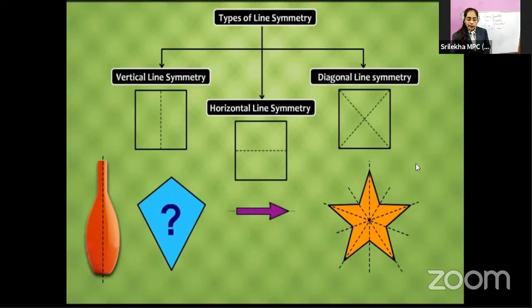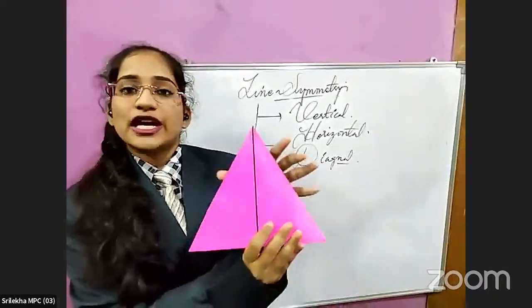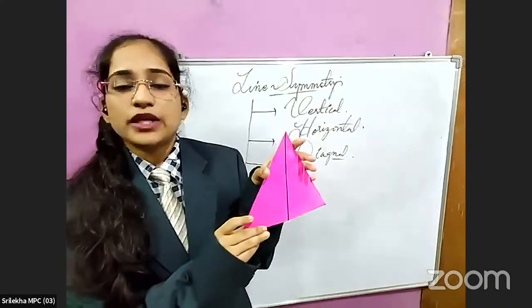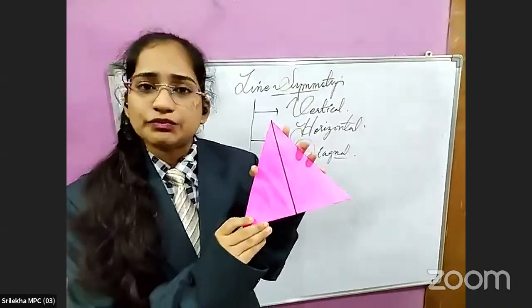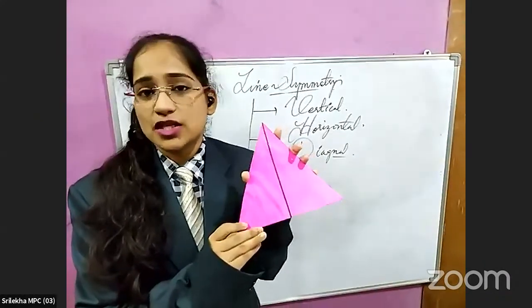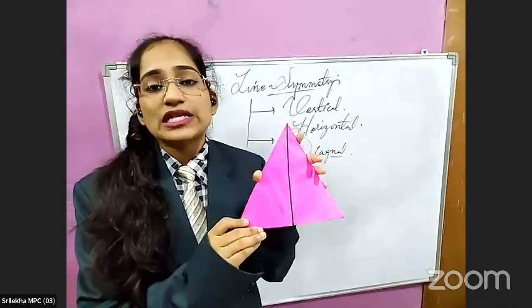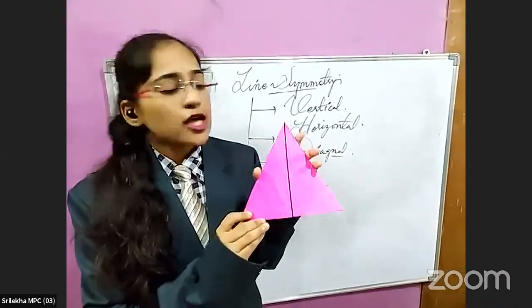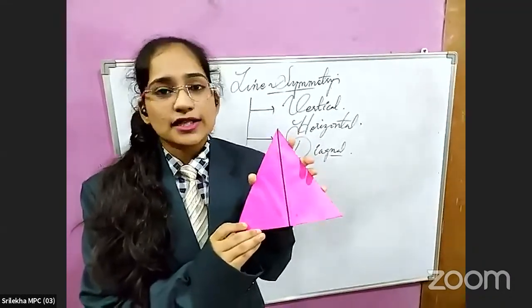And to explain in a more detailed way, I've got you some live examples, which is a triangle here. You can observe that the figure in the triangle has a vertical line. What does this vertical line represent? Yes, it is the line of symmetry. And this is an example of vertical line symmetry because there's a vertical line which divides this figure into two identical parts.